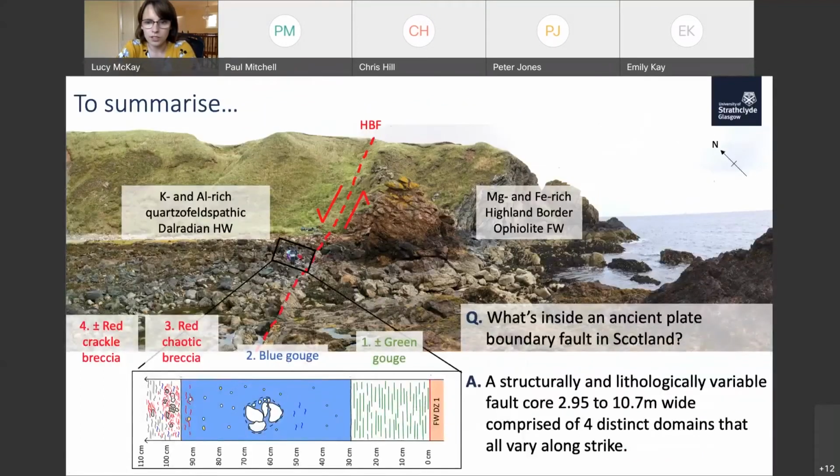So in summary, I started off with the question, what's inside a plate boundary fault in Scotland? As I've just discussed, the answer is a structurally and lithologically variable fault core that ranges from 3 to 10 metres wide with these 4 distinct units. The green and blue gouge are derived from the Highland Border Ophiolite, whereas the red foliated chaotic breccia has been derived from the Dalradian.